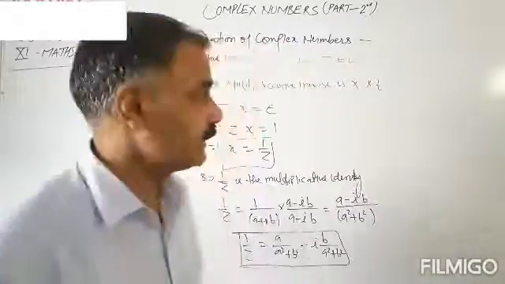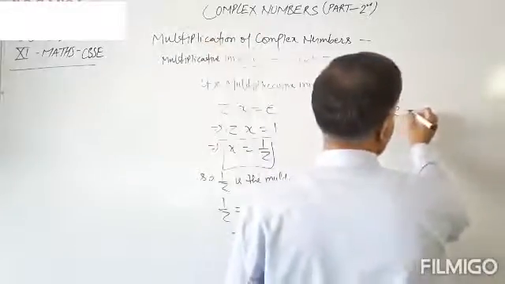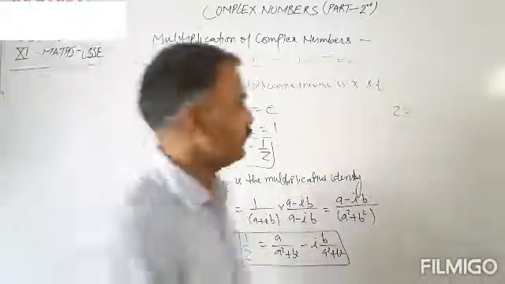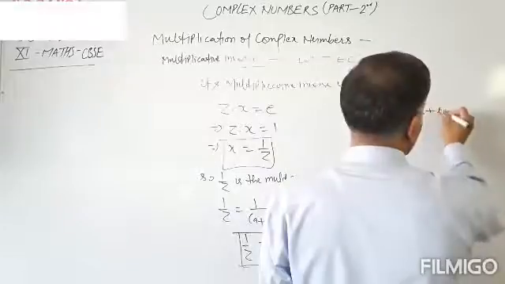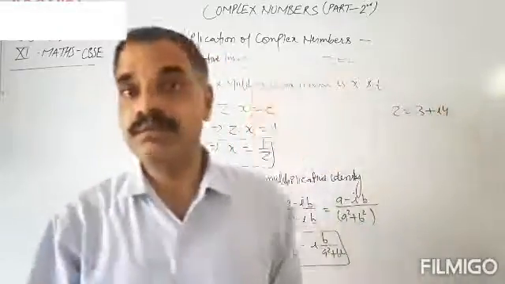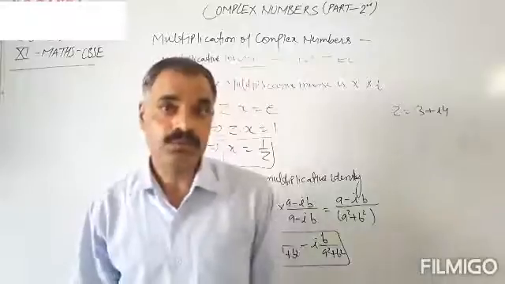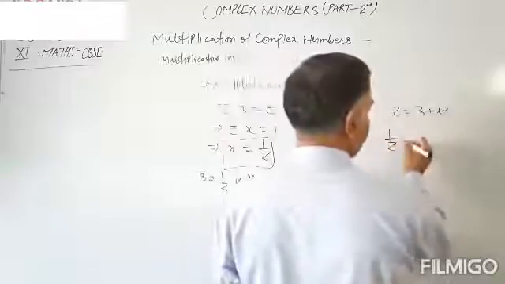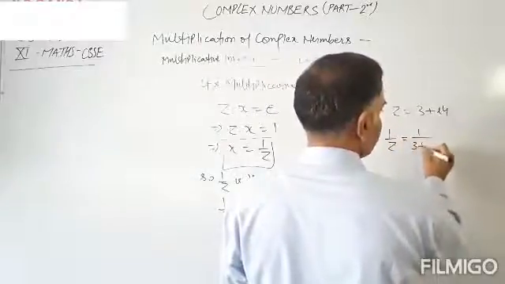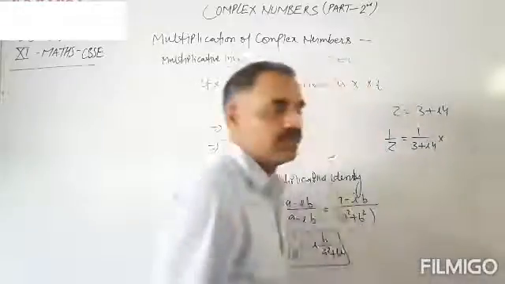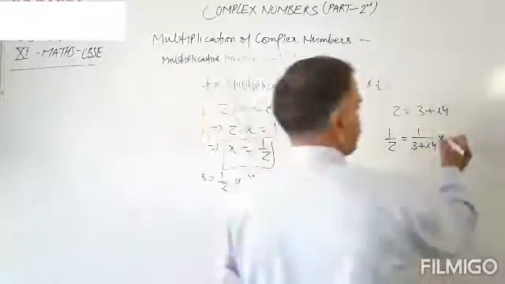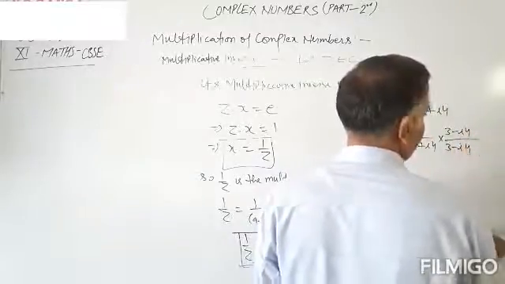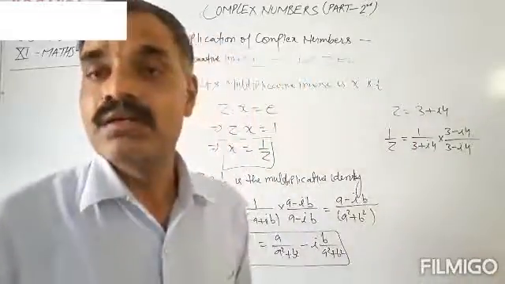Suppose any complex number Z given is 3 plus iota 4, and you have to find its multiplicative inverse. Then 1 upon Z is the multiplicative inverse. So 1 upon 3 plus iota 4 is the multiplicative inverse. Now we will multiply this by 3 minus iota 4 upon 3 minus iota 4, the conjugate of the same complex number.